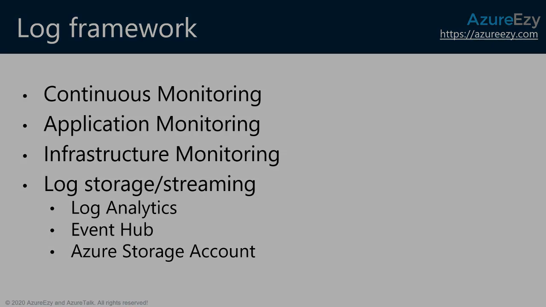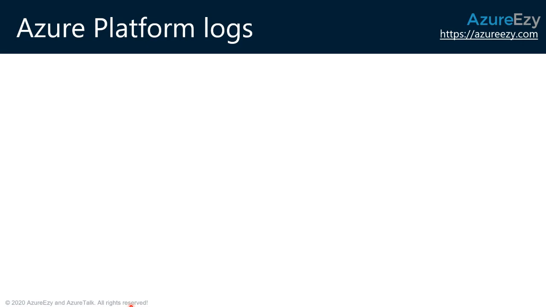Now, talking about Azure, there are a few log types that you may want to take into consideration while you are trying to design the way you want to store your logs. One of the log types is the activity log.